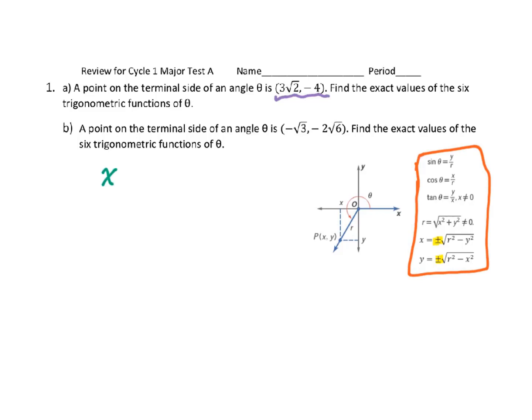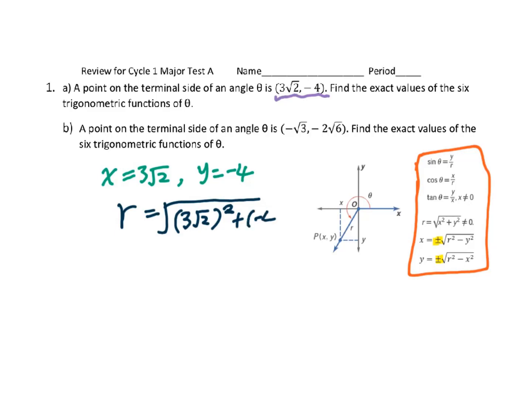So we set up x equals 3 square root of 2 and y equals -4. For r, we do (3 square root of 2) squared plus (-4) squared. Remember, the square root of b squared, that will be a squared times b, because the square root of b squared is b.